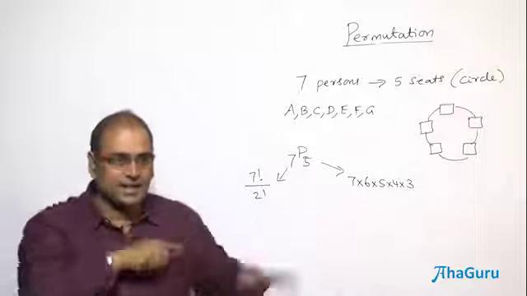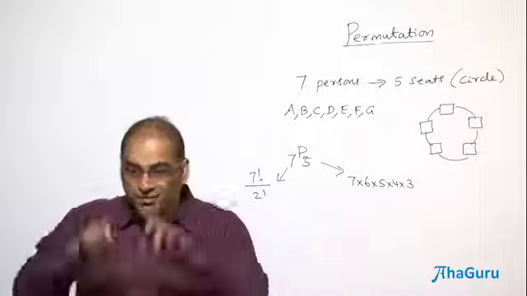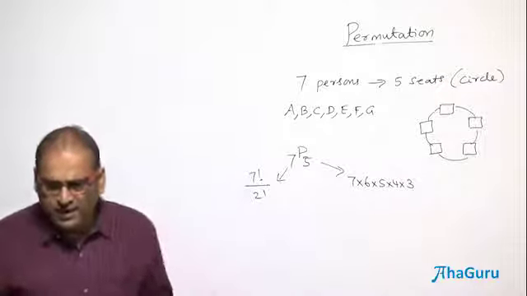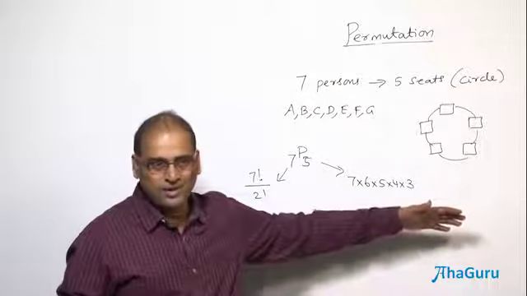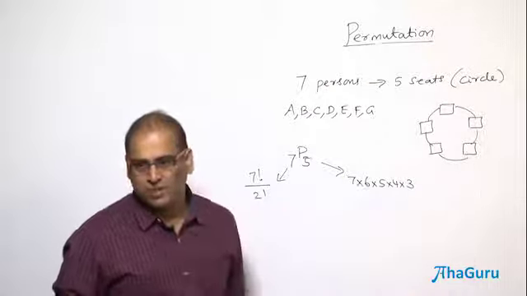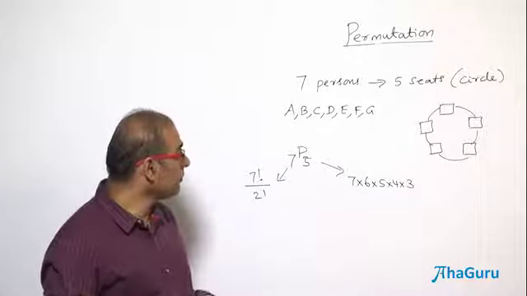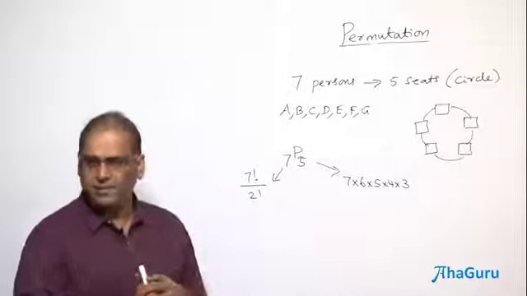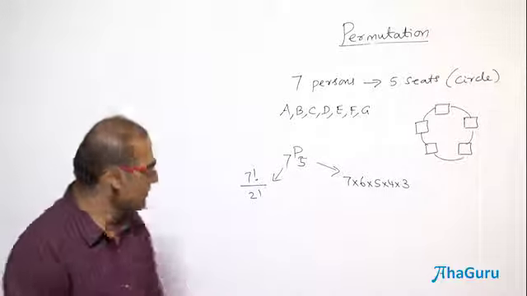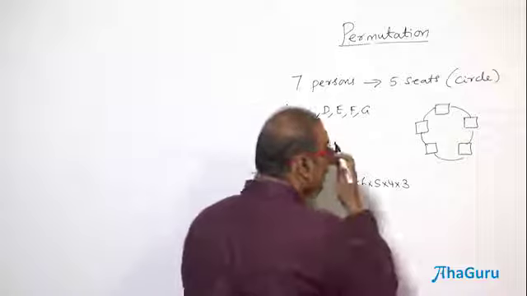Okay, that is linear. For every circular arrangement there will be a lot of linears, so it reduces to circular. How many will you divide by? Divided by 5. Why 5? So you are going to divide by 5, right?